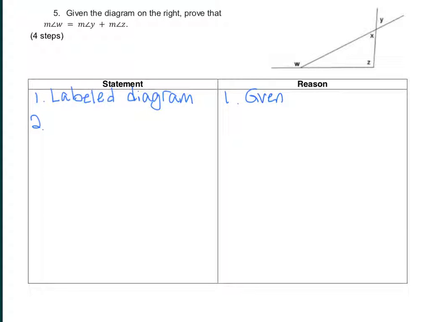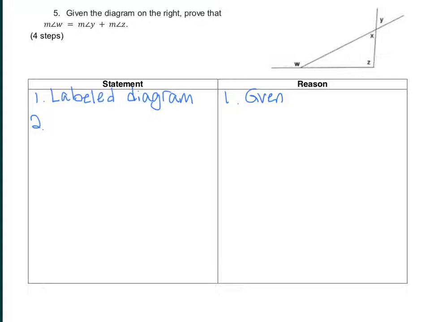Looking at the given, we know that we have a diagram. Right, that's it. Doesn't seem like a lot, so let's look at the diagram. I see a pair of vertical angles. I wasn't given all 3 angles in the triangle, but if you look, we have an exterior angle.